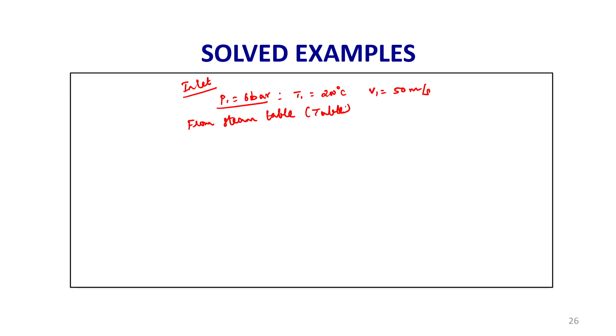So, use table number 2. At P1 equal to 6 bar, what is T sat? Let us go to the steam tables.